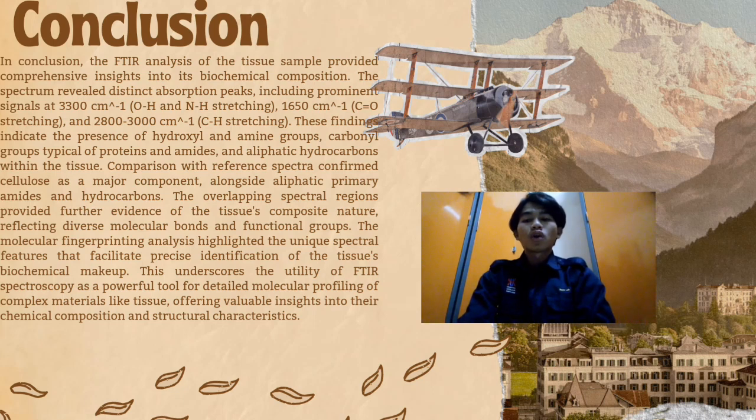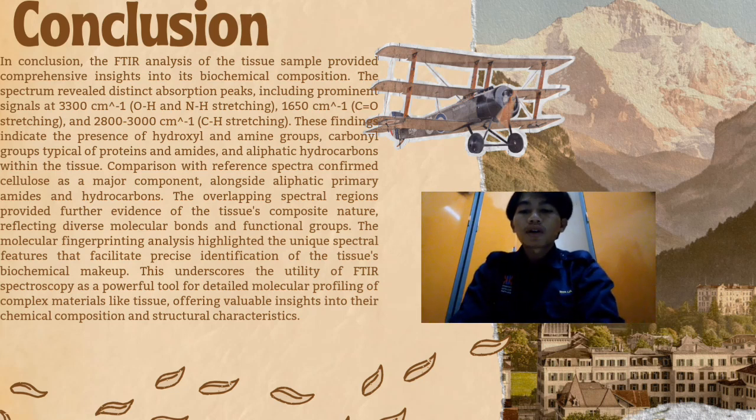within the tissue. Comparison with reference spectra confirms cellulose as a major component alongside aliphatic primary amides and hydrocarbons. The overlapping spectral regions provide further evidence of the tissue's composite nature, reflecting diverse molecular bonds and functional groups.